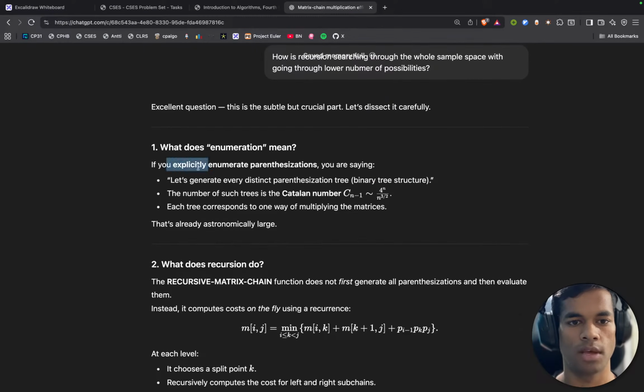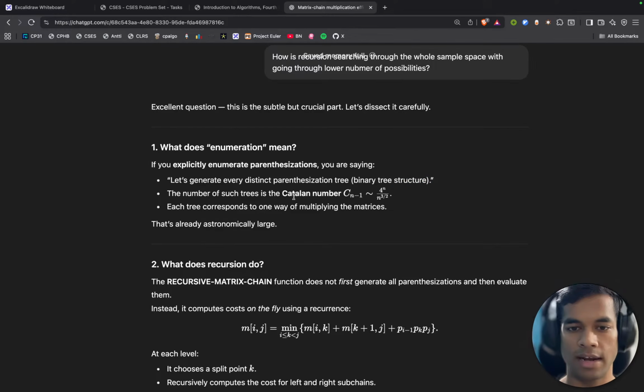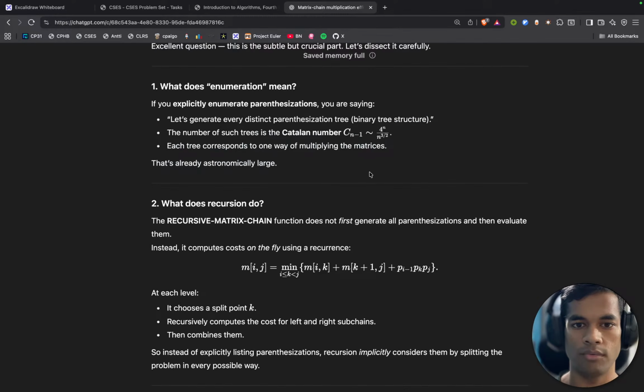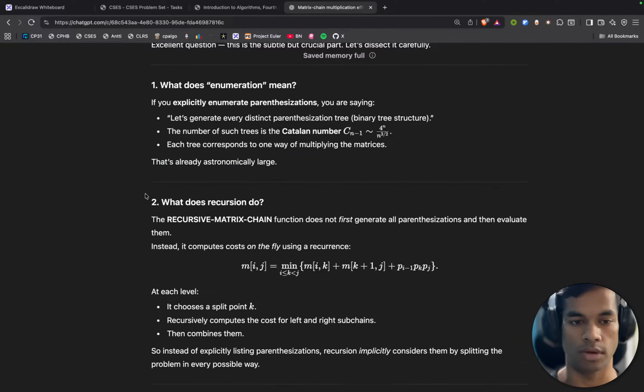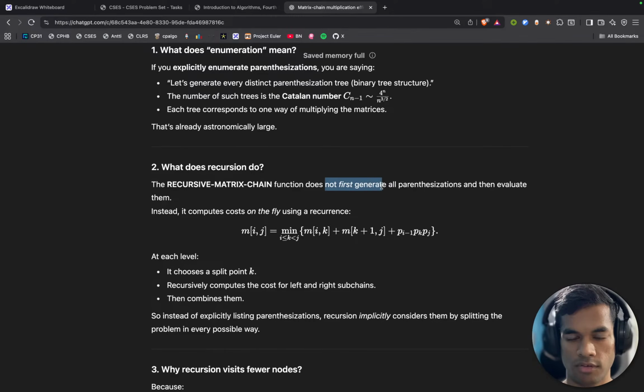Excellent question. If you explicitly enumerate parenthesizations, you are saying let's generate every distinct parenthesization tree, a binary tree. The number of such trees is the Catalan number. That I agree with. Each tree corresponds to one way of multiplying the matrices. That's already astronomically large. What does recursion do? The recursive matrix chain function does not first generate all parenthesizations and then evaluate them.